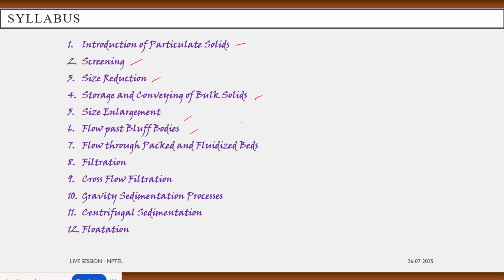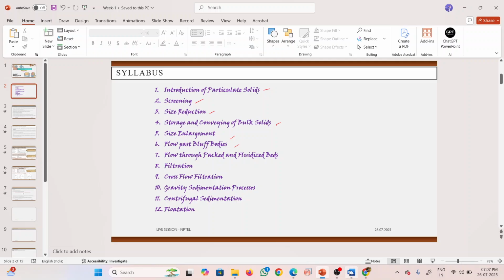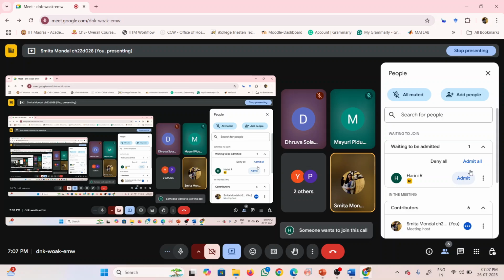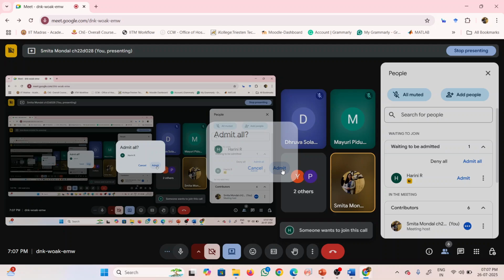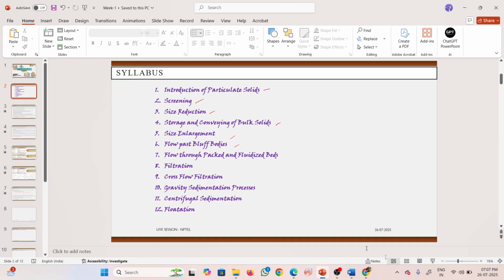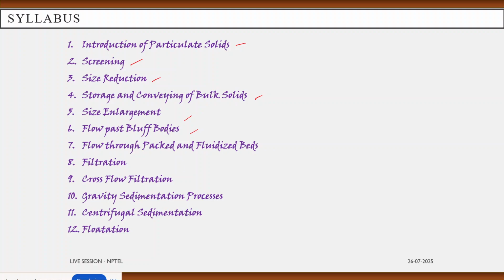Then what is most important for any kind of flow through the packed and fluidized bed conditions.